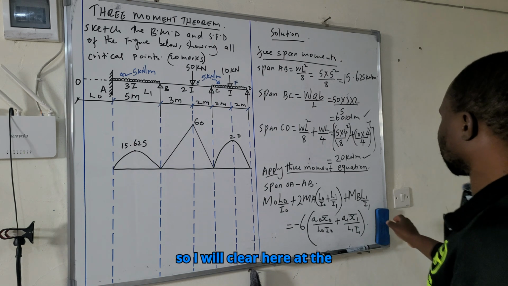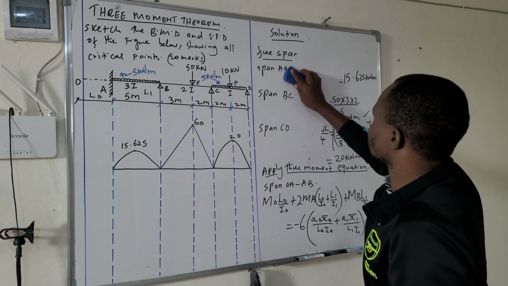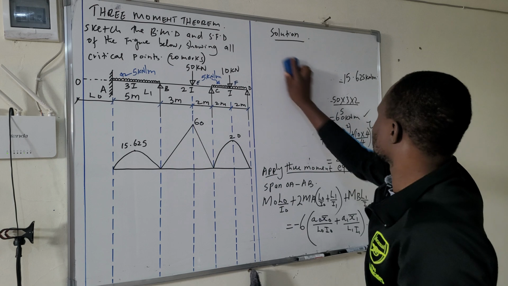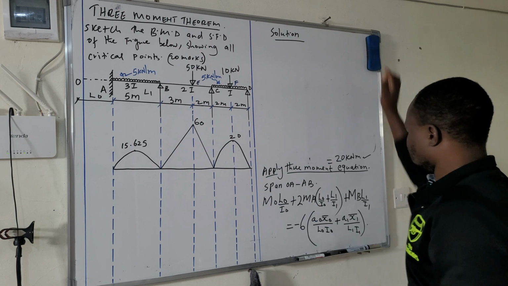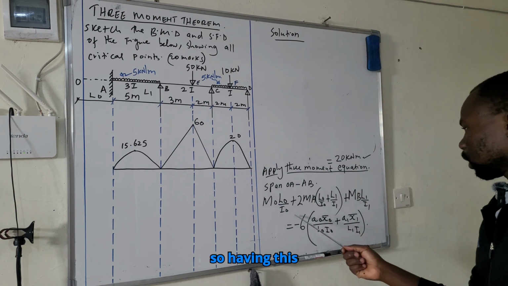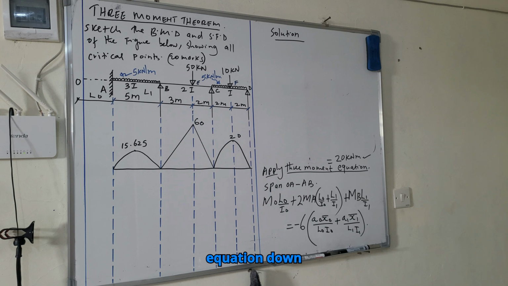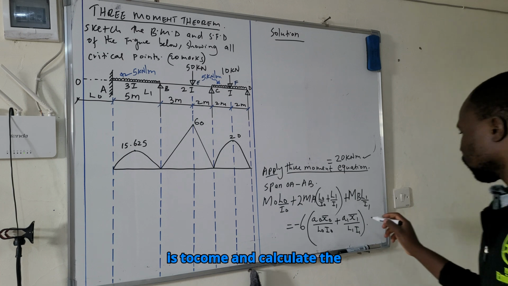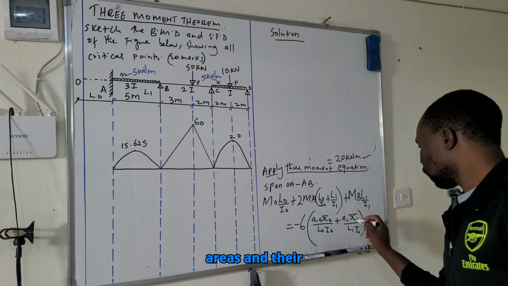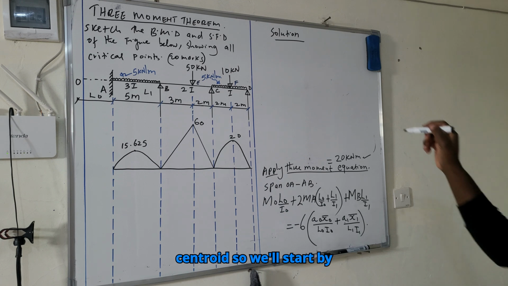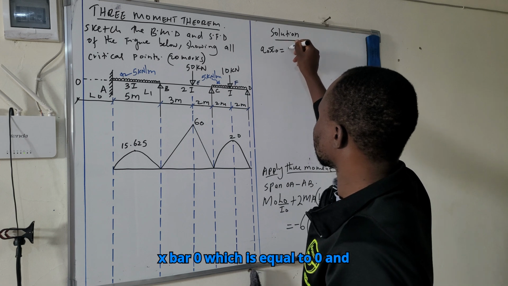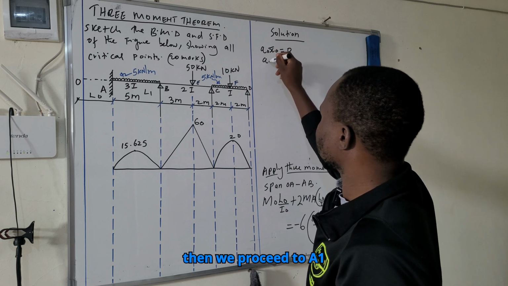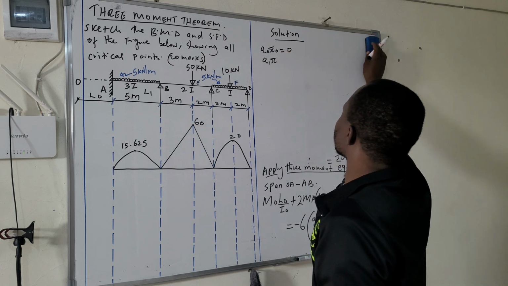So I will clear here at the top. Having this equation down in your book, what you need to do is to calculate the areas and their centroids. So we'll start with A0 x bar 0, which is equal to 0, and then we proceed to A1 x bar 1.